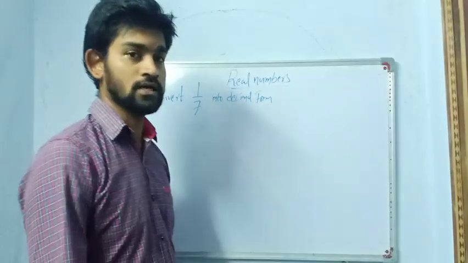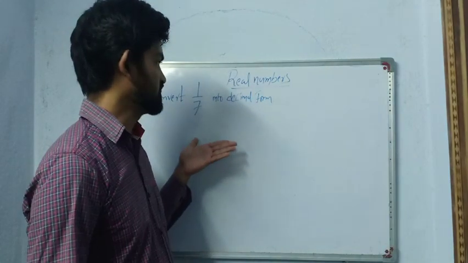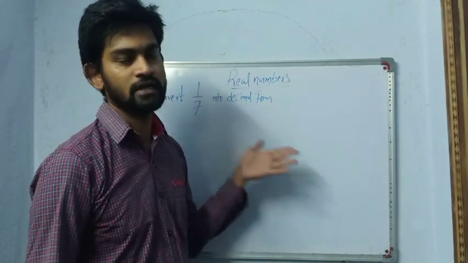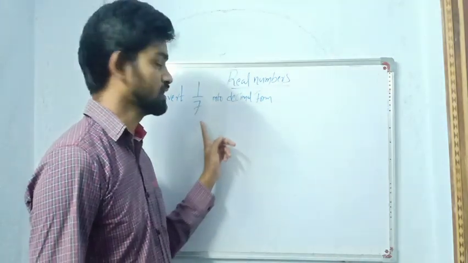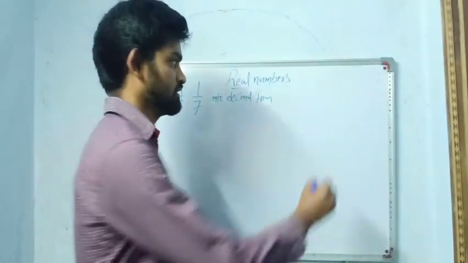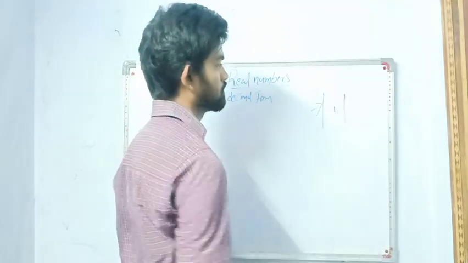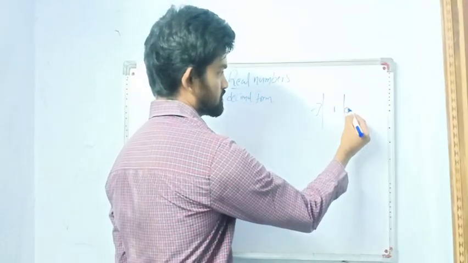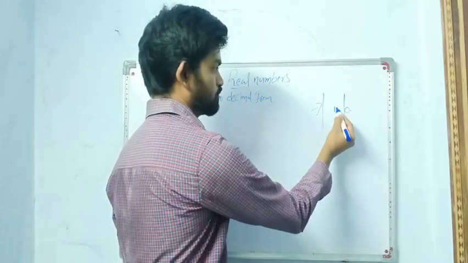Now let us learn how to convert into decimal form. We learned this in our lower classes. Take 1 by 7. We divide by 7. First, 1 is smaller than 7, so take a decimal point and carry a 0.